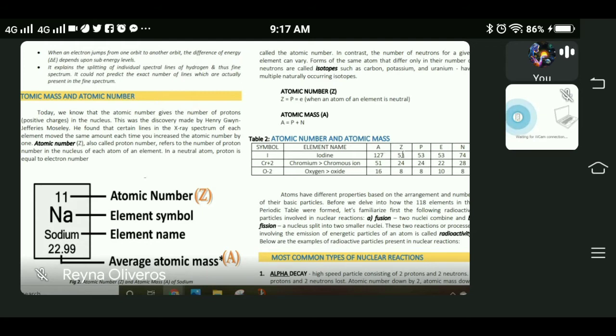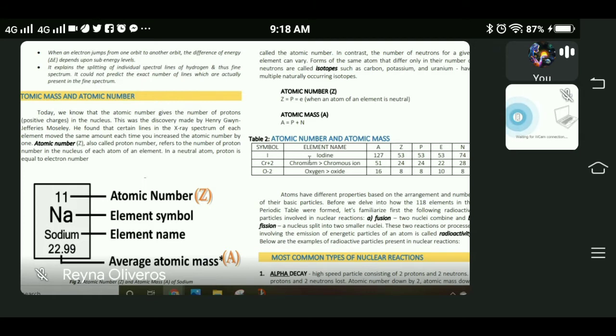Its Z or atomic number is 53, same with its number of protons, 53. Its number of electrons is 53 and its neutron is 74. Okay? So later on, we will study how we get the number of neutrons. Later, we will see it.